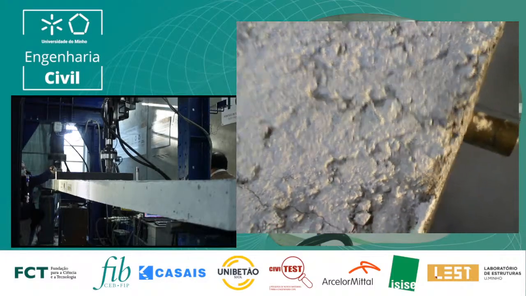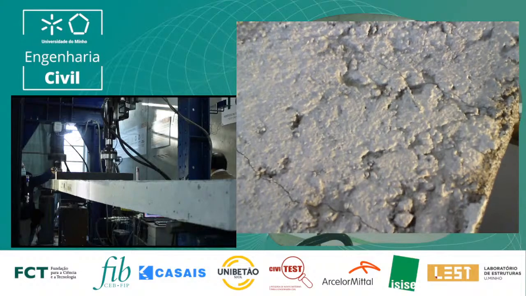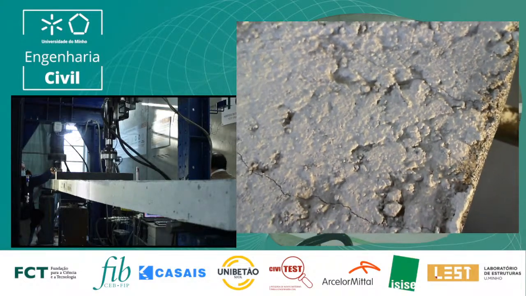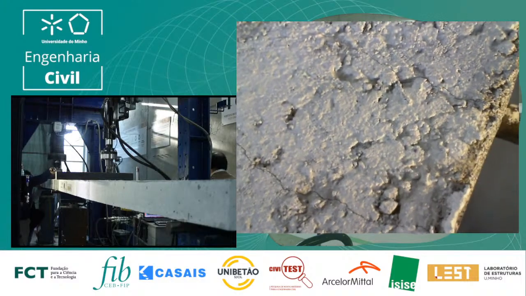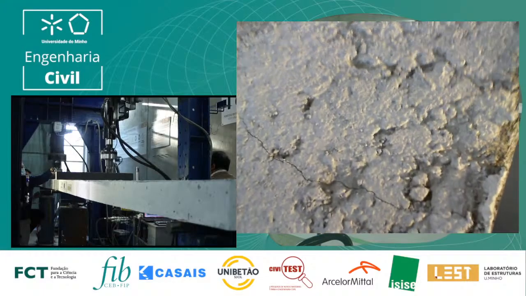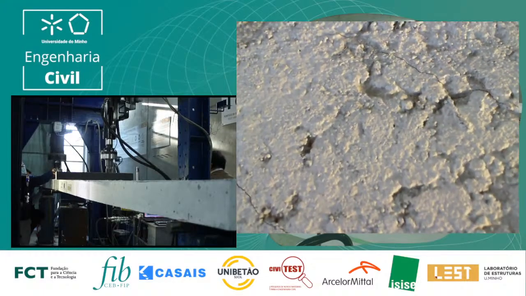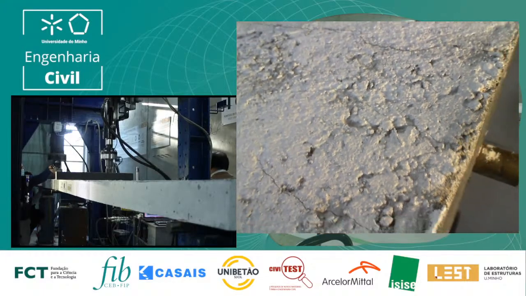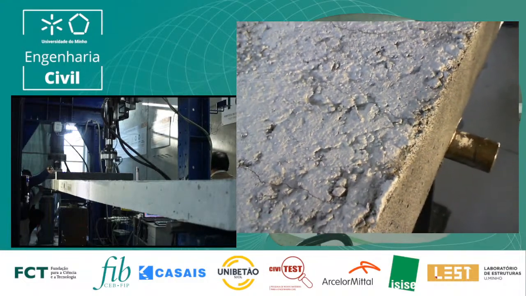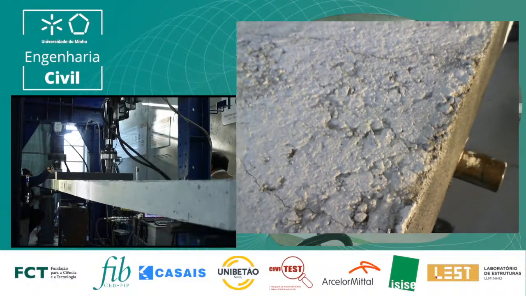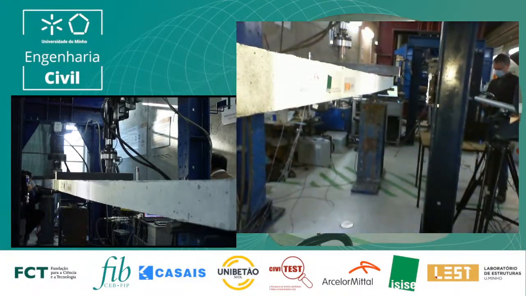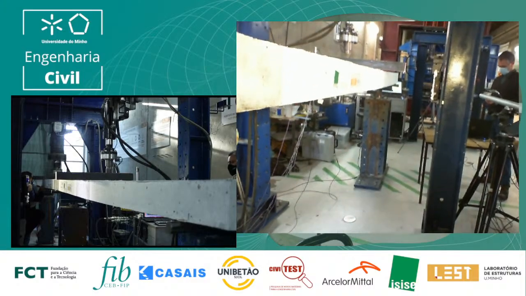So for instance, Matos, what do we have now in terms of total load? So we have 42 kilonewtons and the average deflection is? 14 millimeters. So we have 14 millimeters of deflection and 42 kilonewtons of total applied load. So, as we can see, we already have a very large deflection.